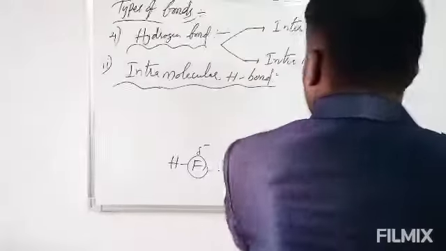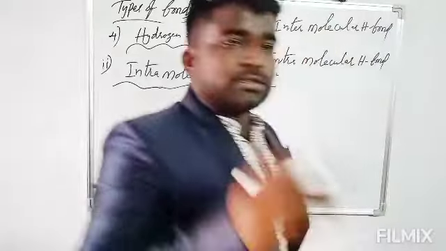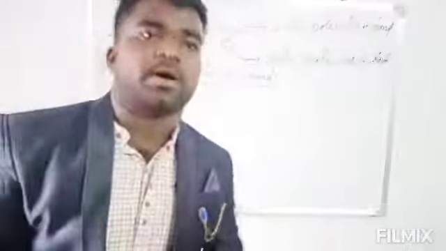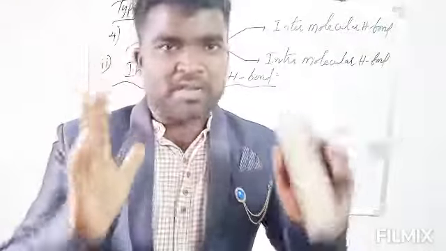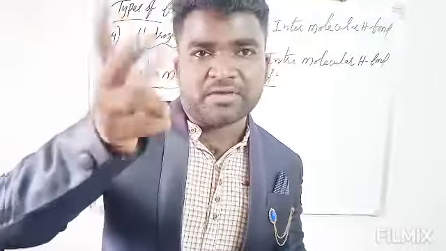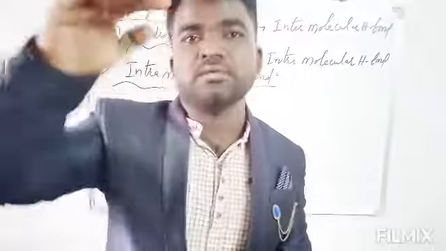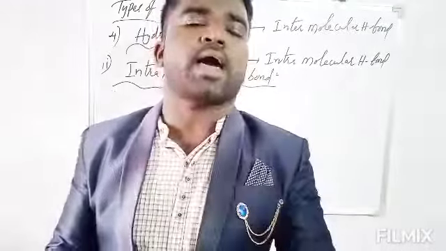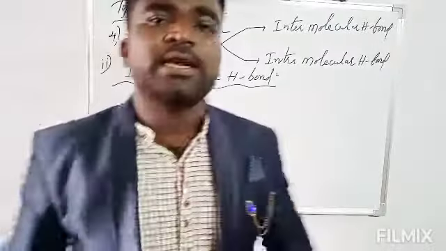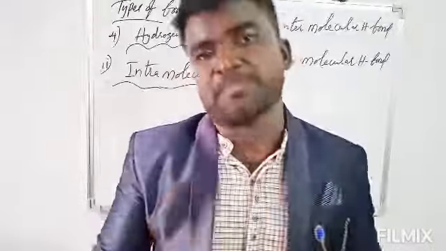An intramolecular hydrogen bond means the hydrogen bond is forming within the molecule. In one molecule only, the bond forms between one hydrogen and a highly electronegative atom. That type of bonding is known as an intramolecular hydrogen bond.